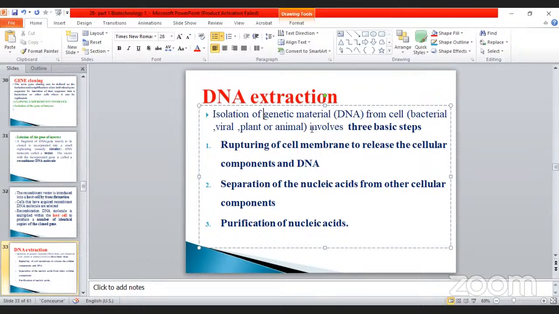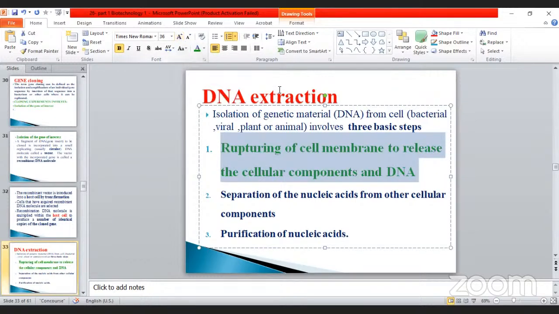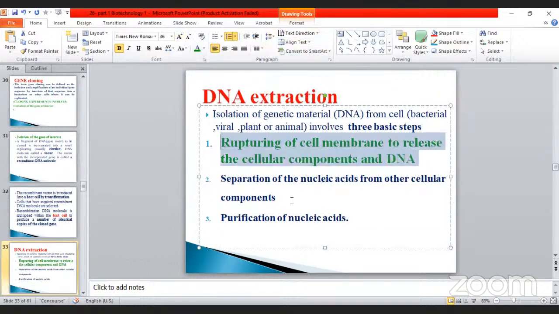Already we discussed. So what are the 3 steps involved in DNA extraction? First of all, rupturing of the cell membrane to release the cellular components and the DNA. This is already discussed and is a very, very important point.